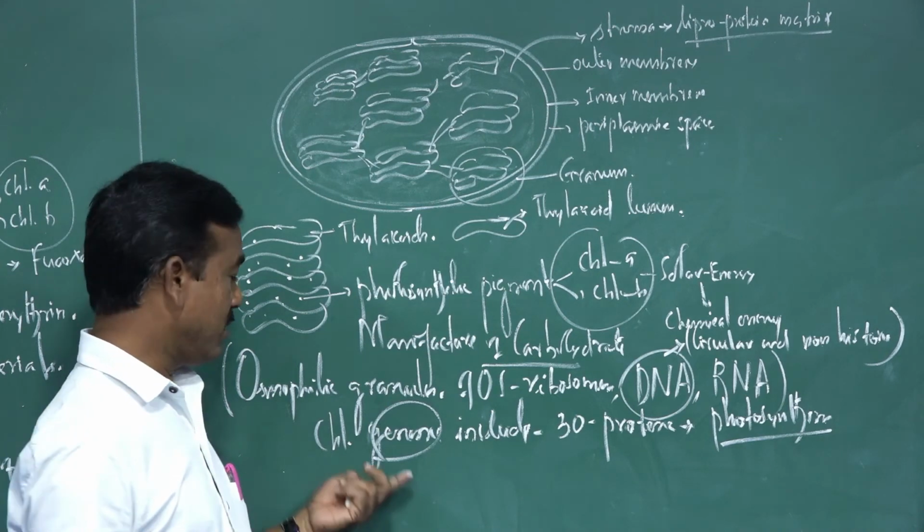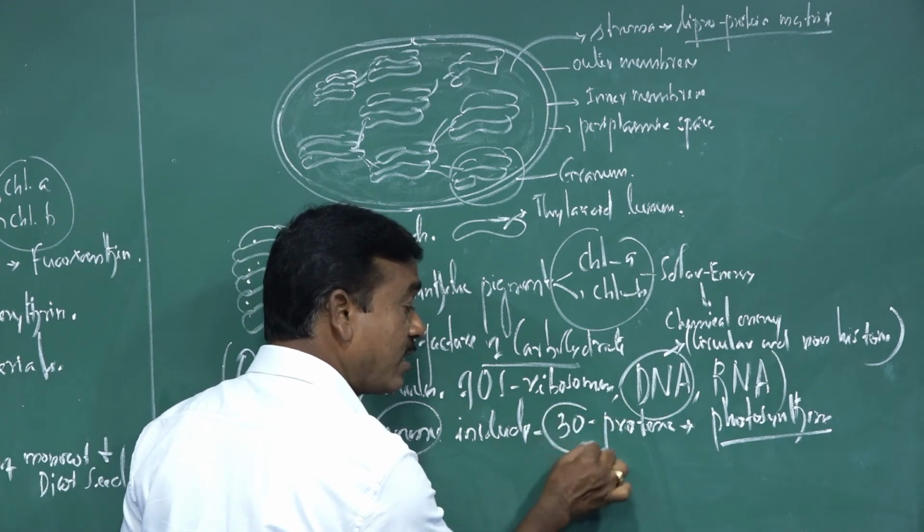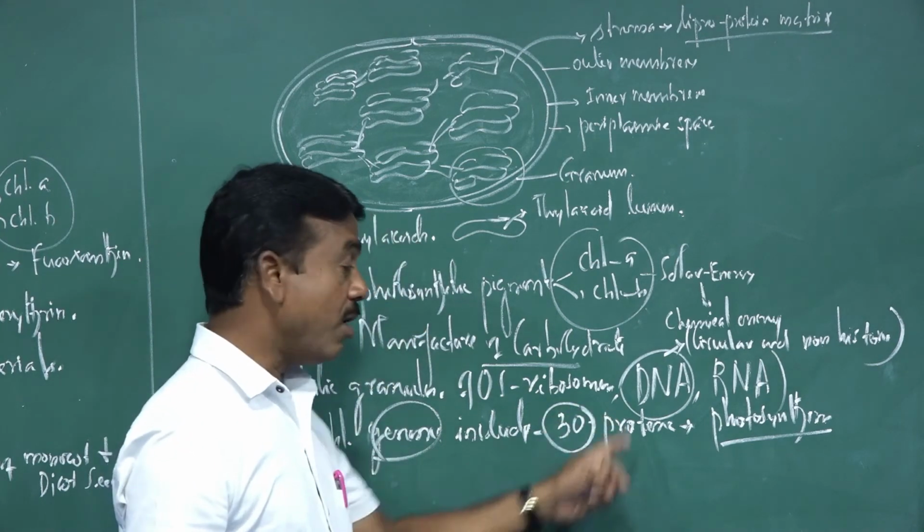The chloroplast genome includes approximately 30 different kinds of proteins which are involved in the process of photosynthesis.